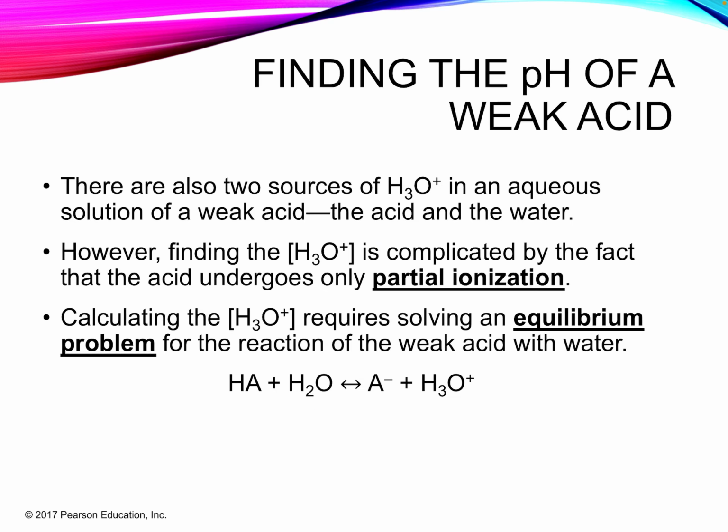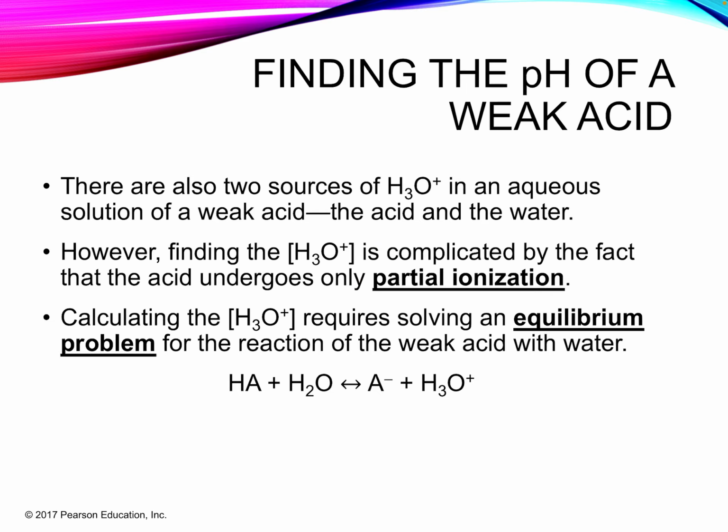Okay, so last time we talked about finding the pH of a strong acid, and we said that since strong acids completely dissociate, we can use our concentration of our strong acid as our concentration of H3O+, and we can just take the negative log of that, and we're done.